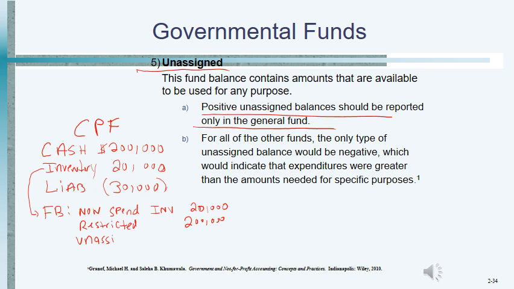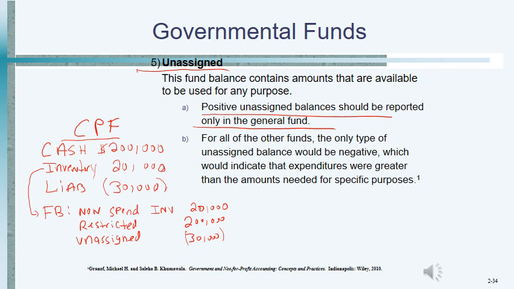And this unassigned fund balance is going to be this negative 30,000, because by definition, if we're in the capital project fund, all the money is spoken for the capital project, or if we had inventory, it's inventory, and we can't use this money for anything else, so we can't use it to pay this liability for the environmental impact study, so that has to be unassigned, and it's a negative unassigned.